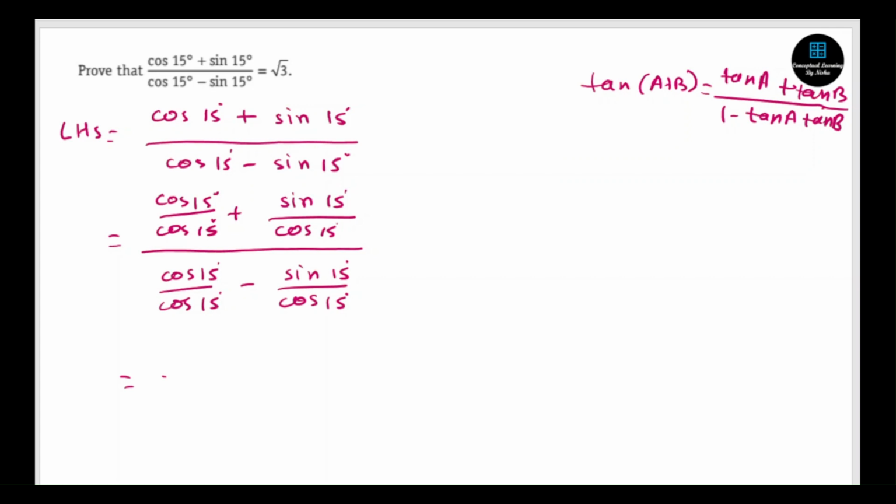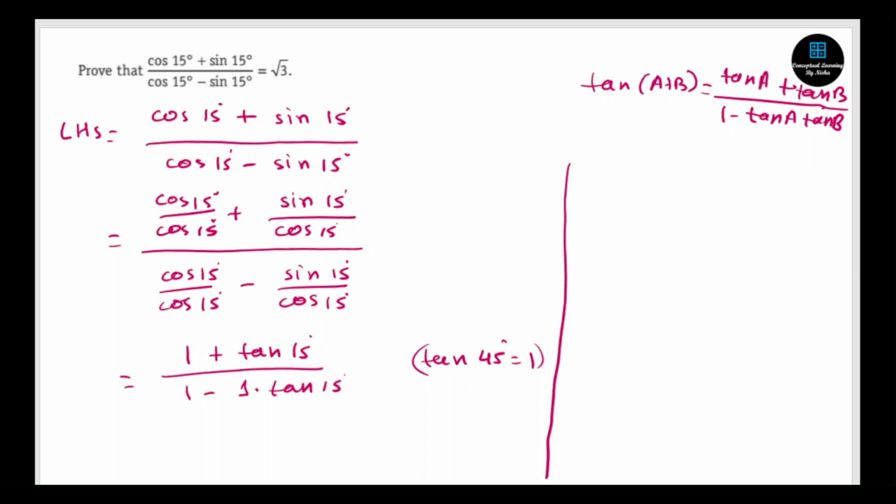And now what do I get here? 1 plus tan 15 upon 1 minus 1 into tan 15. Now tan 45 degrees equals 1, so I can continue here with tan 45 degrees plus tan 15 degrees upon 1 minus tan 45 into tan 15.